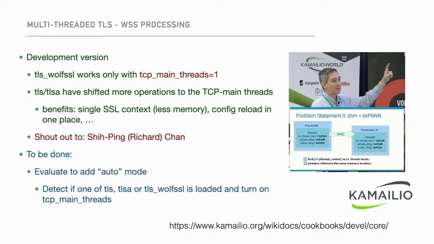So he moved, or he developed, these features to be done more in this multi-threading architecture. He even switched, I think, the TLS Wolf SSL module. It's working in the devel version only with multi-threading, because he said it's the right approach even for that library.